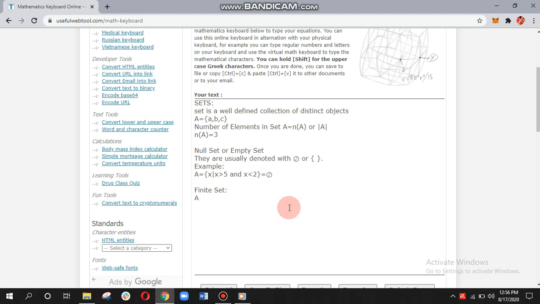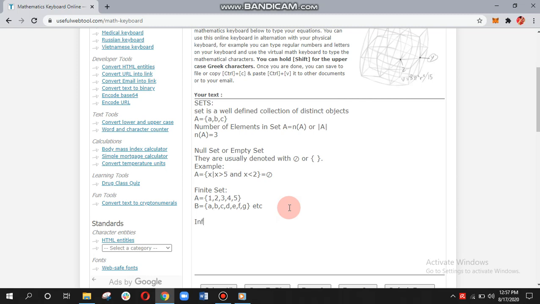Let's have an example. We have 1, 2, 3, 4, 5. These are defined. These are limited. They are not infinite. For example, let's take another set: A, B, C, D, E, F, G. So these are some defined sets.